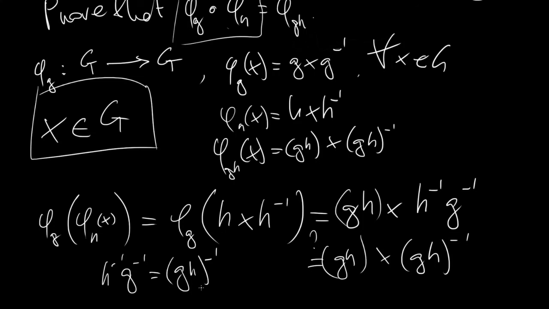We didn't specify whether the group is abelian, that is, commutative, but this holds for every group. So we proved that the composition of these two functions is equal to this, and we are done.